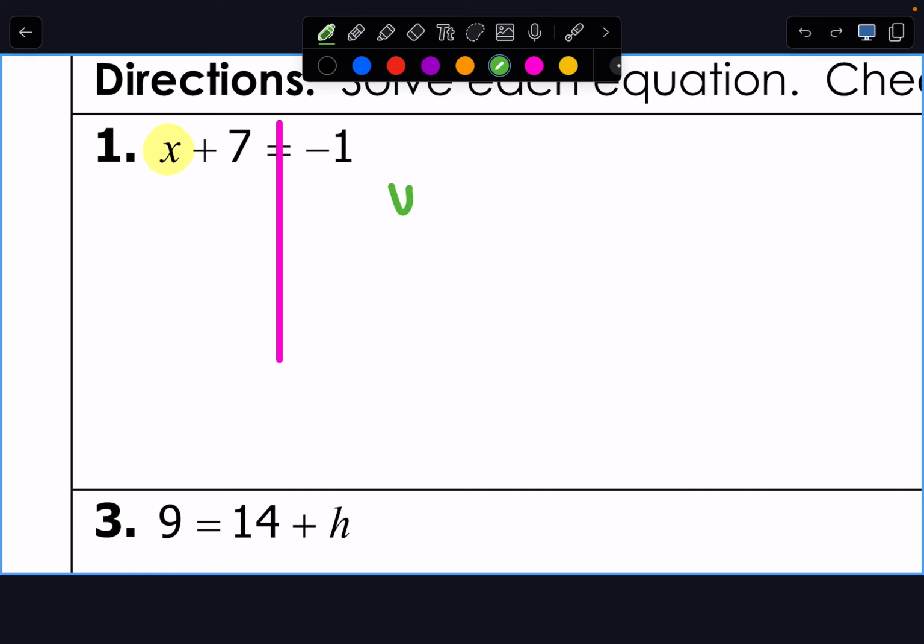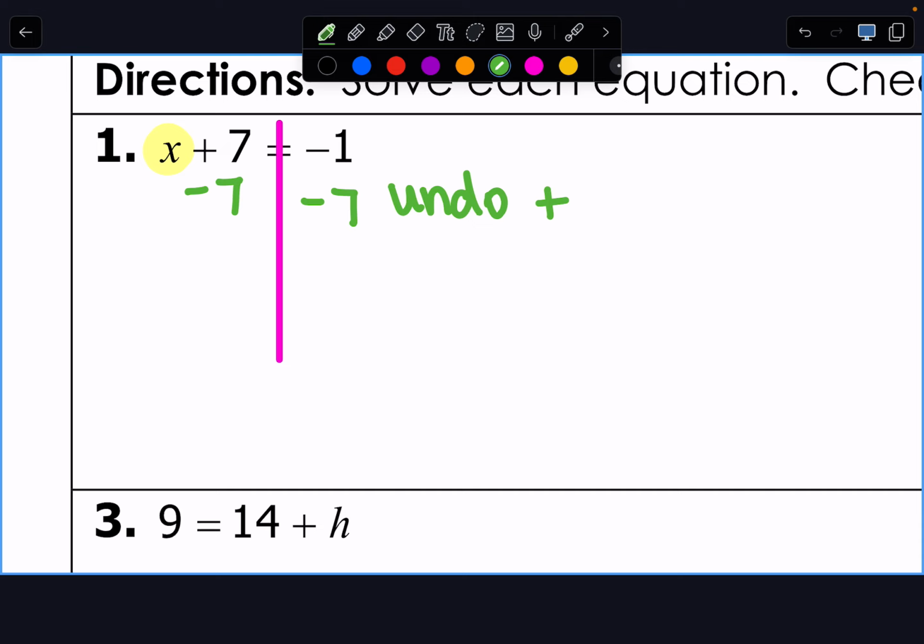So we need to undo the addition. What is the inverse of addition? Subtraction. So to undo this plus 7, we need to minus 7. But whatever we do to one side, we have to also do to the other side.